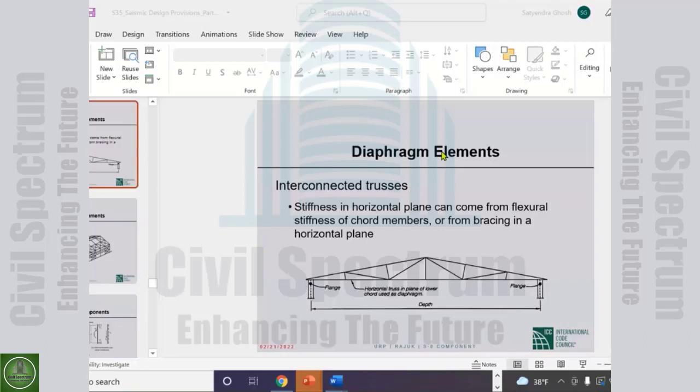ACI 318 has a whole section on diaphragms in chapter 18, 18.11 or 18.12, something like that. Look in there and see what you find. Everything that is said by ACI 318 on diaphragms is in that section.